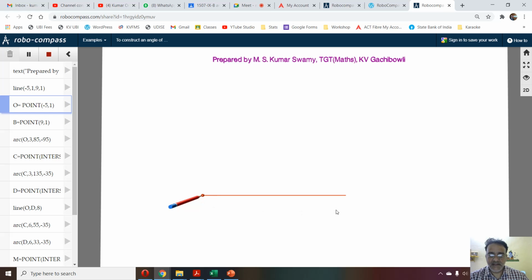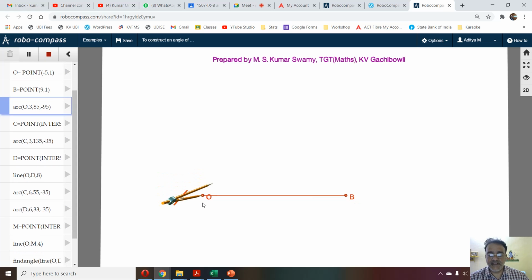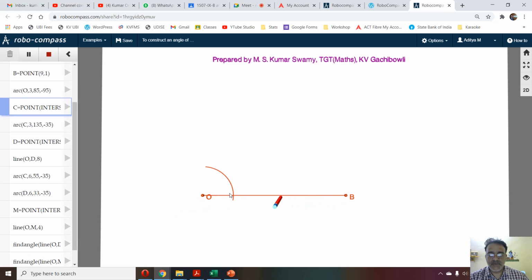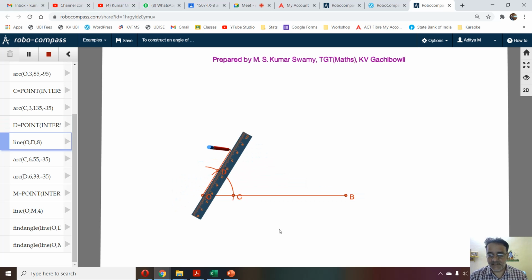O, and this point is B. After that, with center O and with convenient radius, we are going to draw one arc which will intersect OB at point C. So this point is C. Again with center C and the same radius, we are going to draw another arc which will intersect the previous arc at point D. फिर OD से हम लोग एक लाइन ड्रॉ करेंगे. So that is 60 degree.